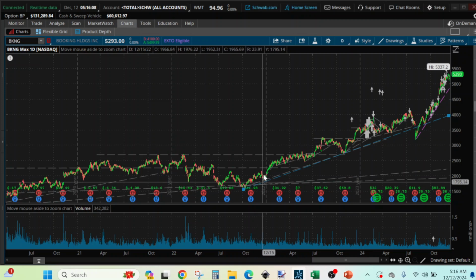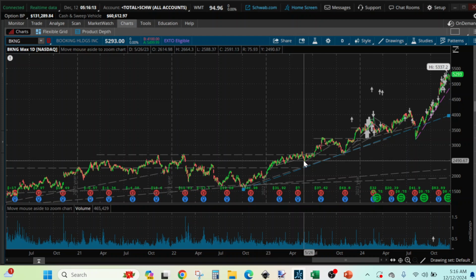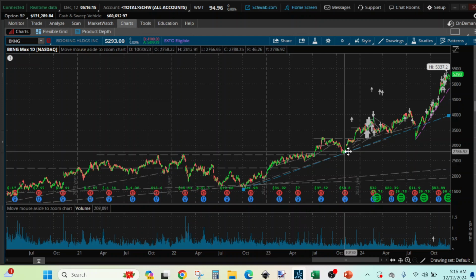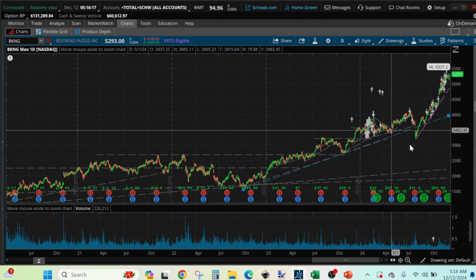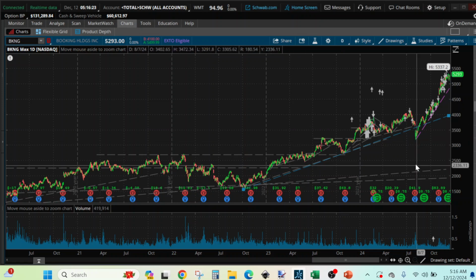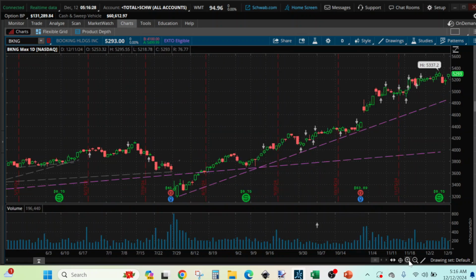So this low could be in the zone as well, probably this one too, this one is in it, this one is in it but a little bit on the downside, and this one is in it.